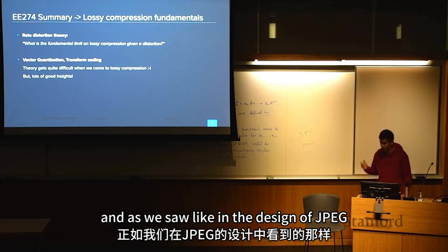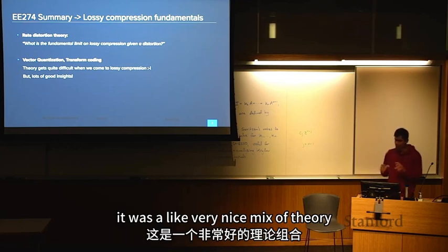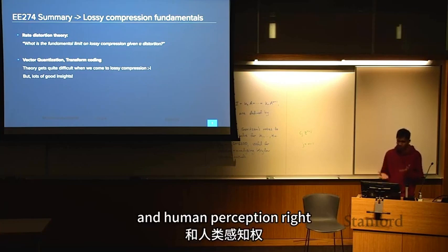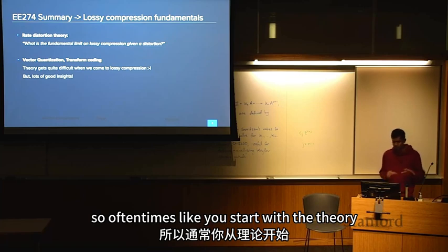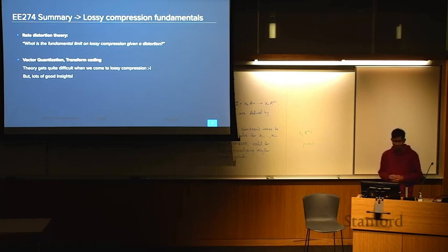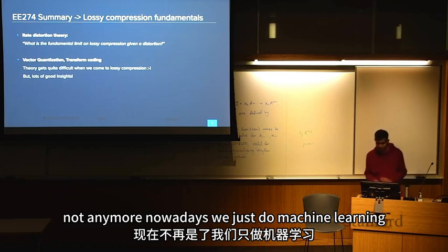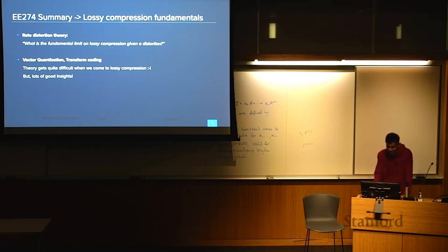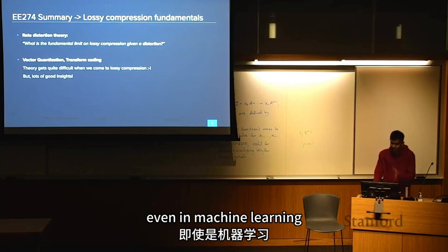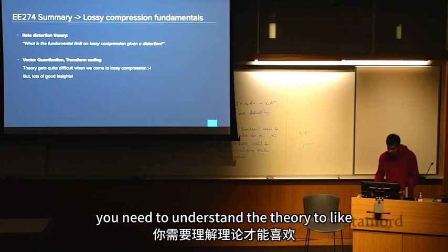And as we saw in the design of JPEG, it was a very nice mix of theory and human perception. So oftentimes you start with the theory, then you bring in human perception. Not anymore. Nowadays, you just do machine learning, but in the olden days, yeah. This is not correct, right? Even in machine learning, you need to understand the theory to do things.